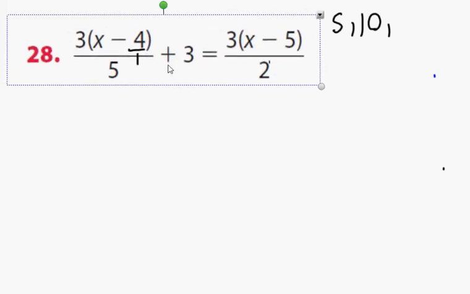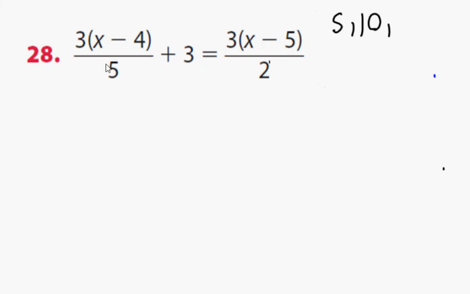To go about doing this, we need to change everything into tenths. How do we change 5 into tenths? Multiply by 2, top and bottom. How do we turn 3 over 1 into tenths? Multiply top and bottom by 10. And finally, how do we turn 2 into tenths? Top and bottom by 5.